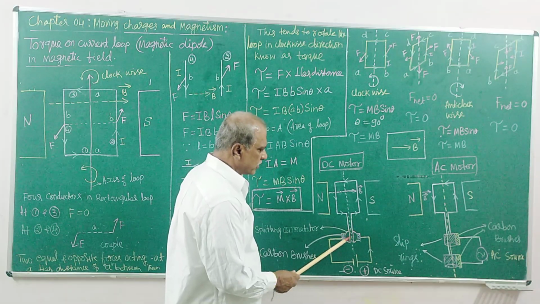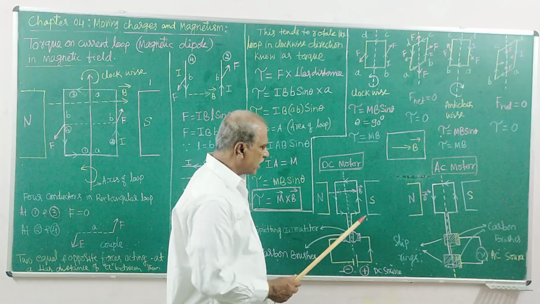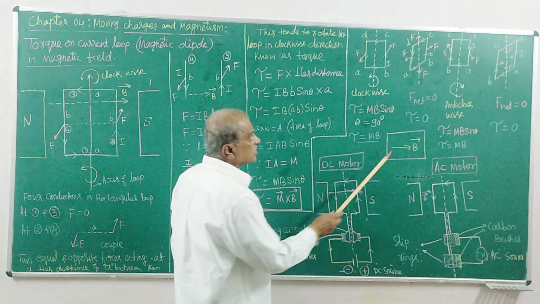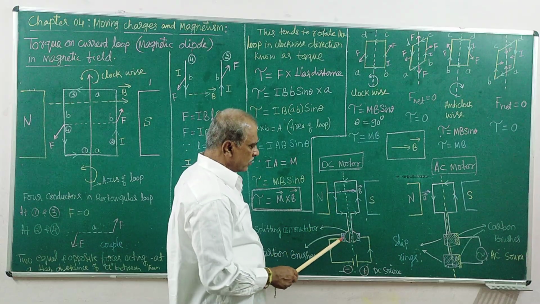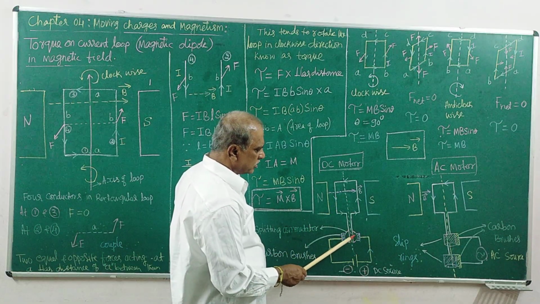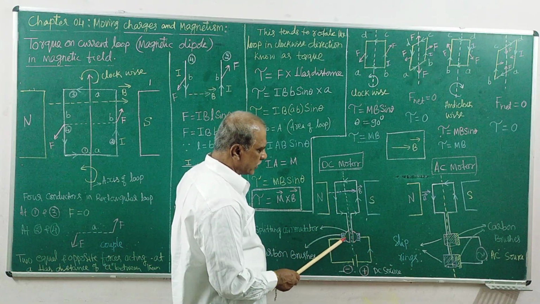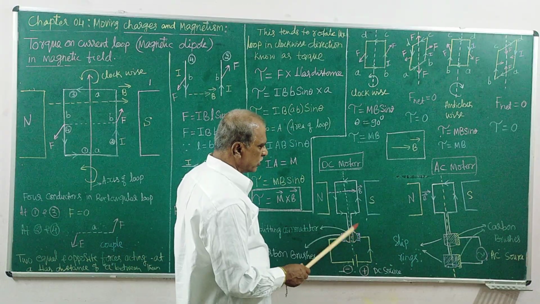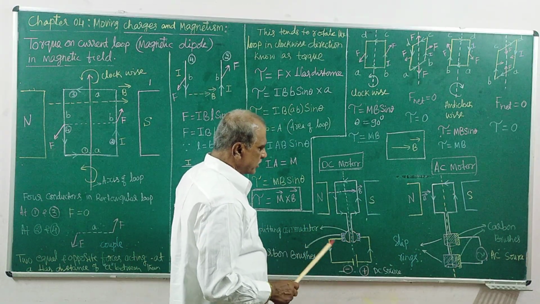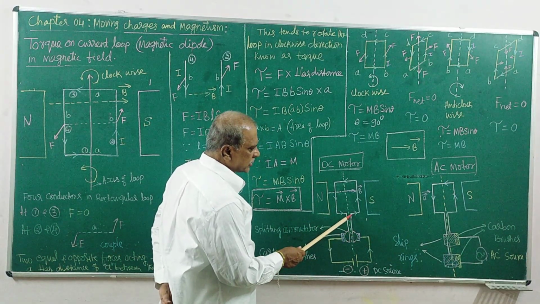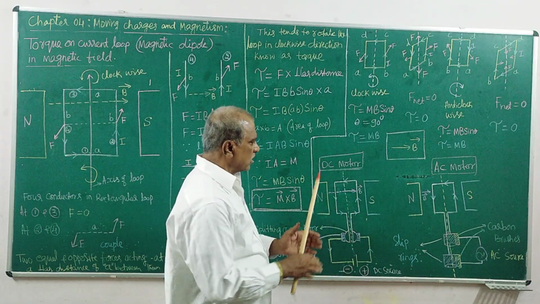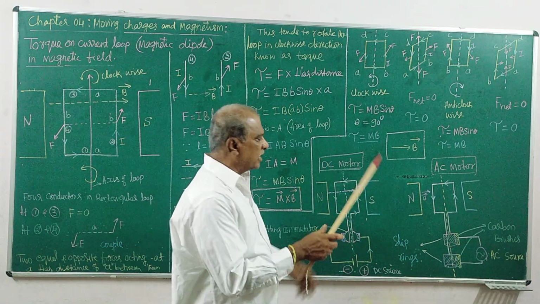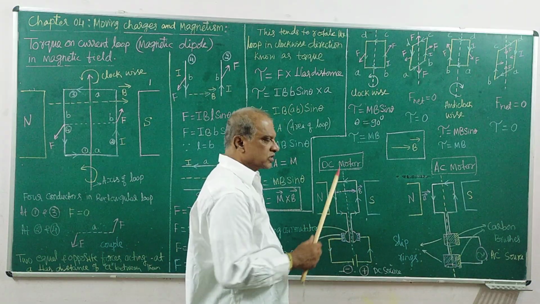Now the position changes, but what about the current direction? With the 180 degree rotation, the positive becomes negative and negative becomes positive. The current in the loop reverses.